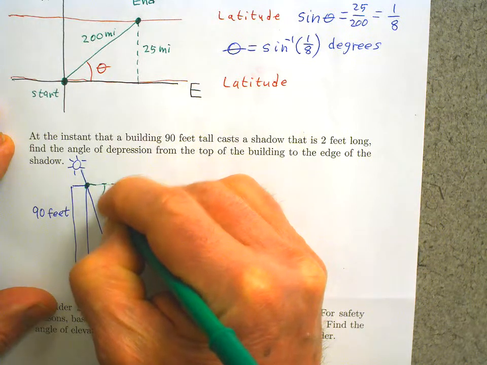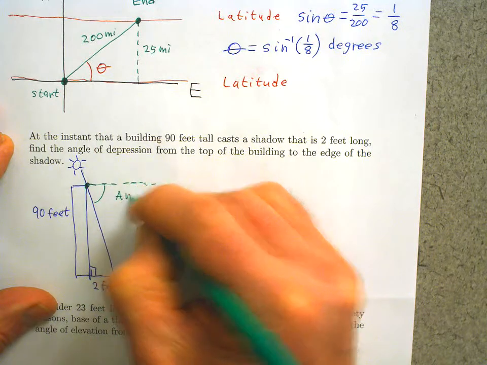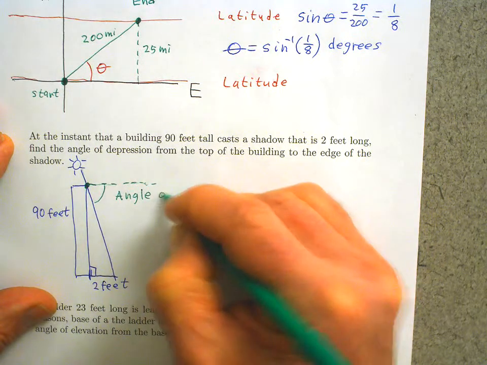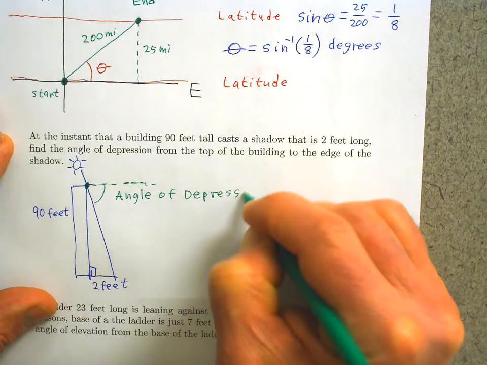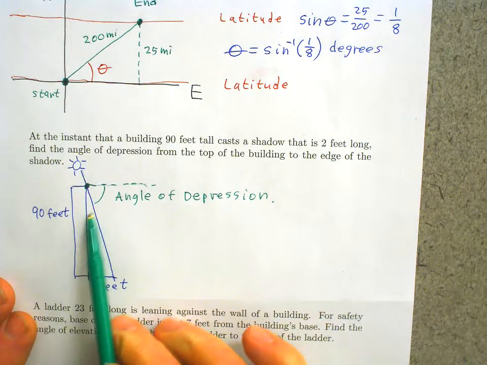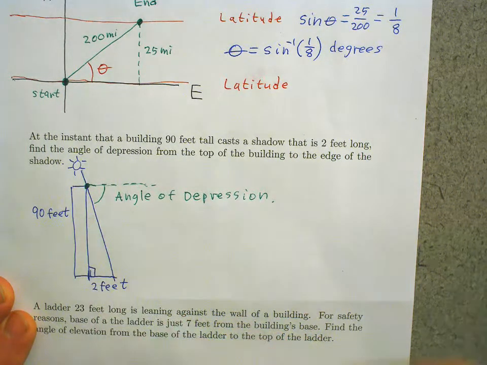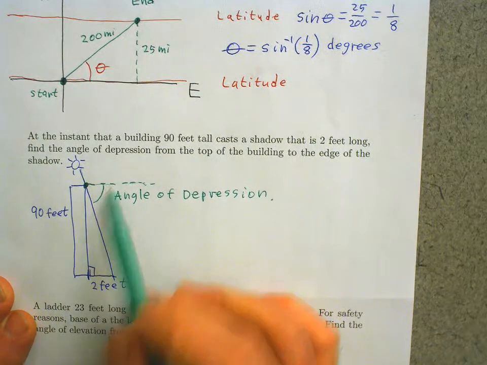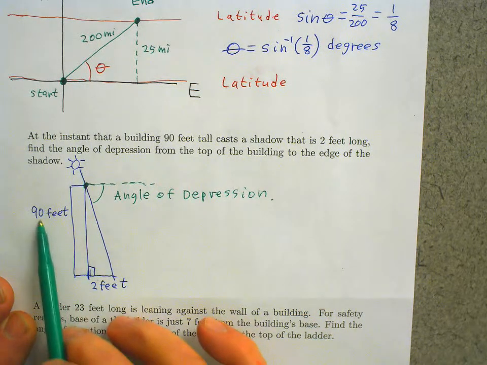So this is the angle of depression. You can see that that's different than this angle right here. In general, it will be different. The only time they would be equal is if the shadow is the same length as the height of the building.